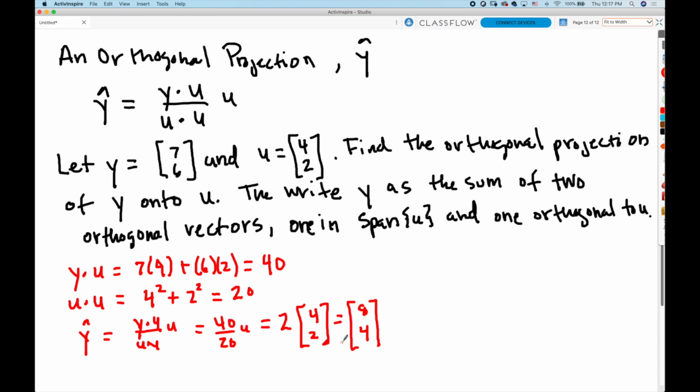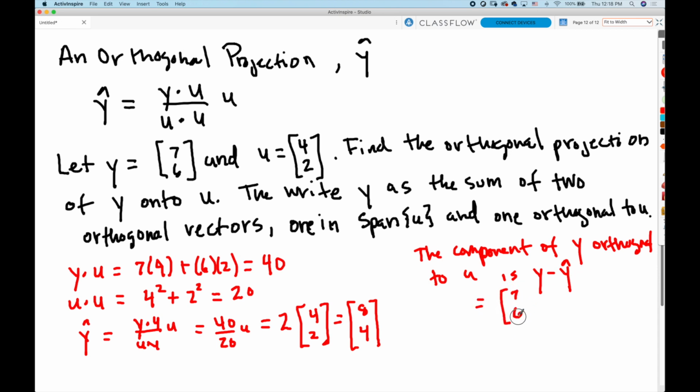All right. And so the component of y orthogonal to u is going to be y minus y tilde, which is y is 7, 6 minus 8, 4, which is negative 1, 2.